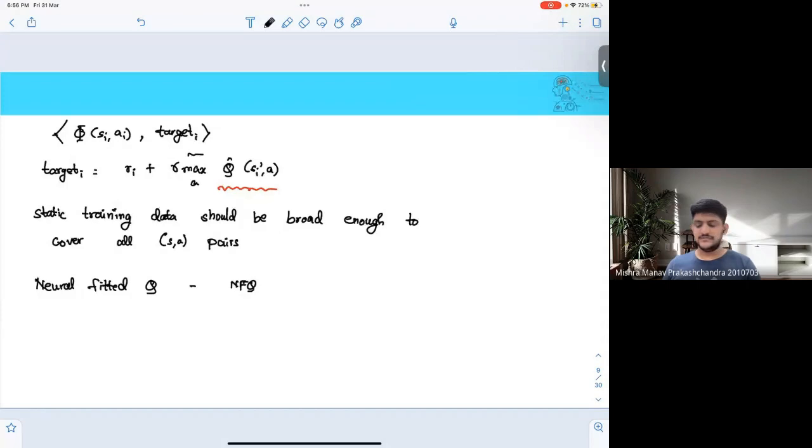Okay. Now, one big issue in this case is, first of all, we remove the issue of a moving target, because here we are always assuming that we have static training data, meaning at each round, whatever training data we generate would be static for that particular round. So we remove the issue of moving data.